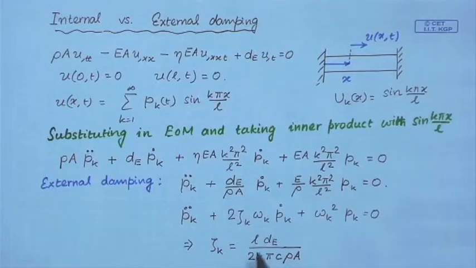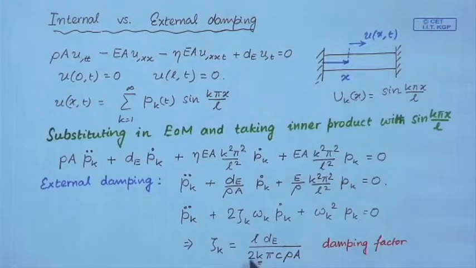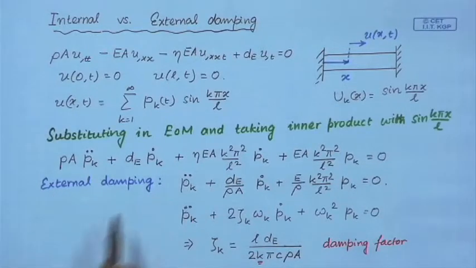So, you see that this k appears in the denominator of this damping factor. Which means that for high values of k, this damping factor actually is very low, which tells us that external damping is inefficient in damping out higher modes.